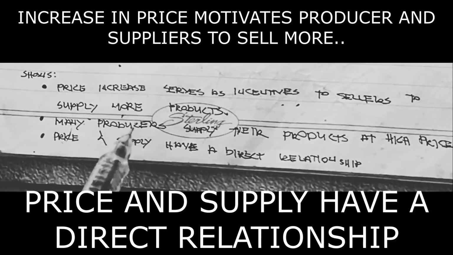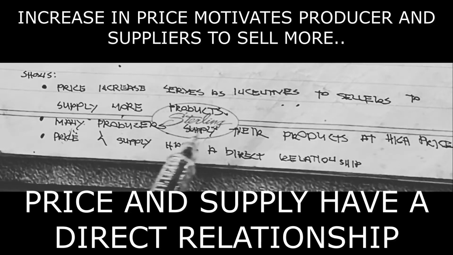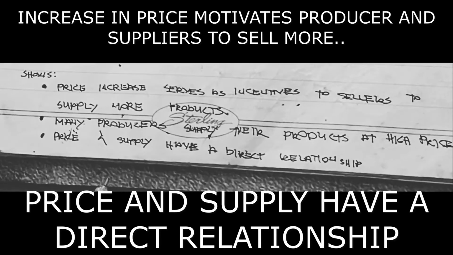Many producers supply products at high prices. Lots of producers will only supply a product if the price is high. Price and supply have a direct relationship.